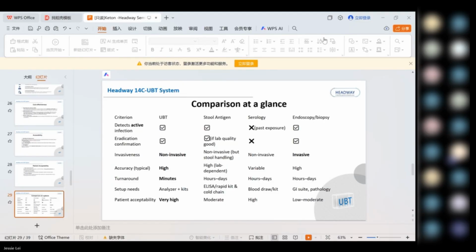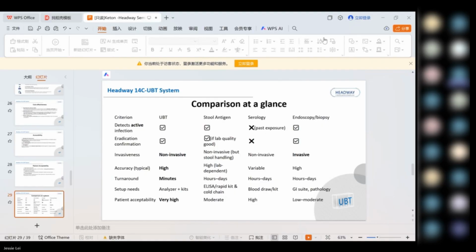If the stomach is not emptied, maybe the capsule cannot react with the enzymes produced by H. pylori. So that's the only reason. And 2 hours is enough because I think we have done a similar study. With fasting 2 hours, the urea enzyme can react with the capsule.